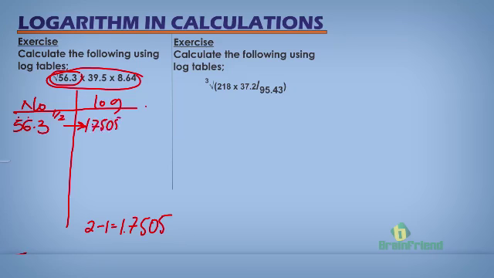1.7505. But remember that we have our number raised to the power 1 over 2. It means therefore that the logarithm that we found will be multiplied by 1 over 2, which is simply another way of saying 1.7505 divided by 2.